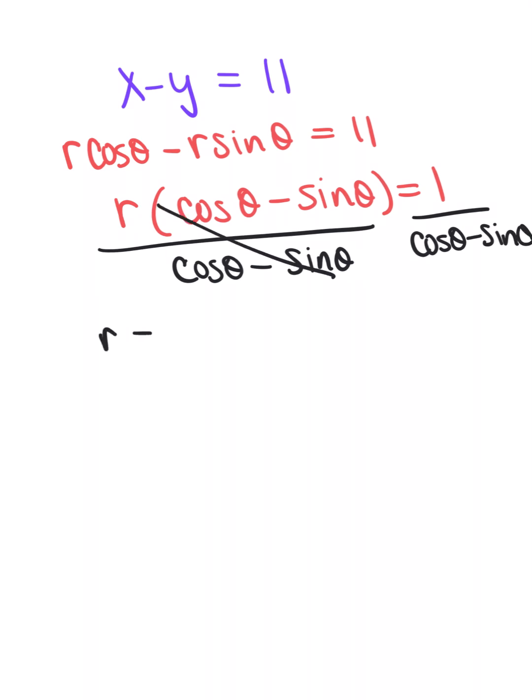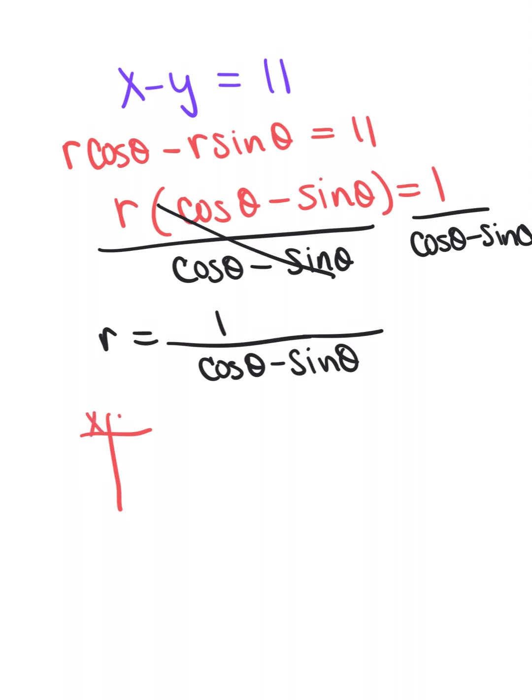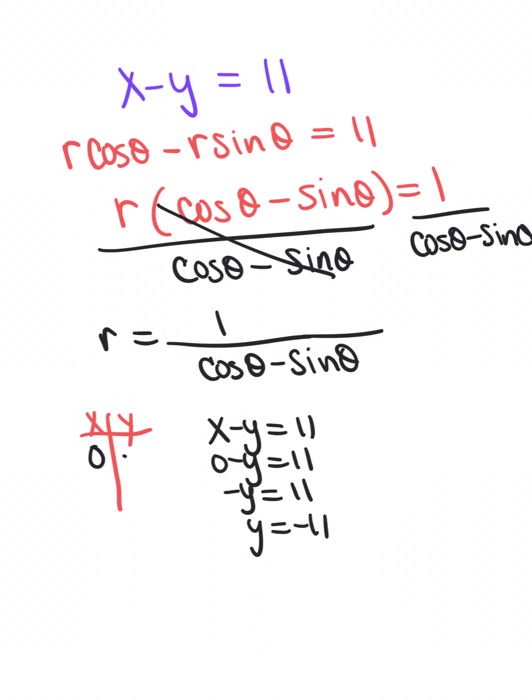So r is equal to 1 over cosine of theta minus sine of theta. And to graph this, we can just basically graph it in a rectangular coordinate system. So when x is 0, if I plug in 0 for x, 0 minus y equals 11, negative y equals 11, so y equals negative 11.